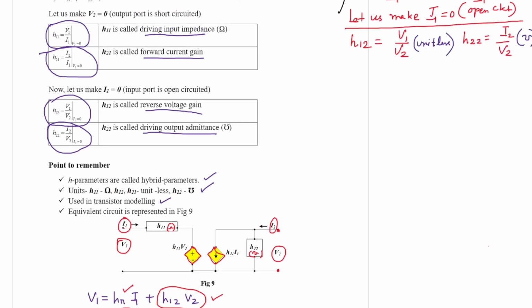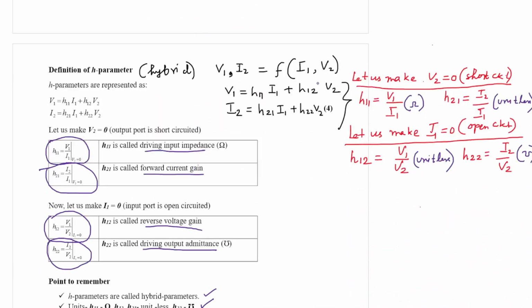Before going into some mathematical exposure, let me tell you one thing. What is the definition of H11? H11 is equal to V1 by I1. However, if you go back to the Z parameters, Z11 is also V1 by I1. Both parameters represent voltage by current, so the question comes whether H11 and Z11 are the same or different.